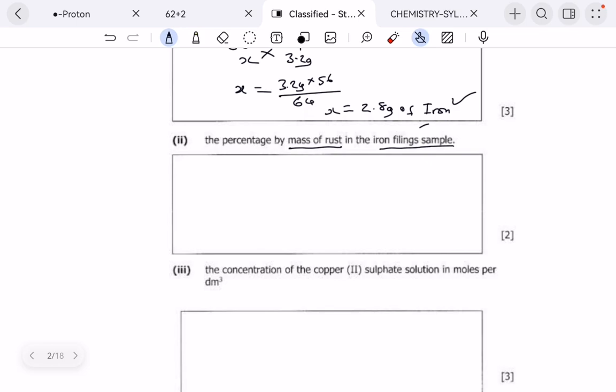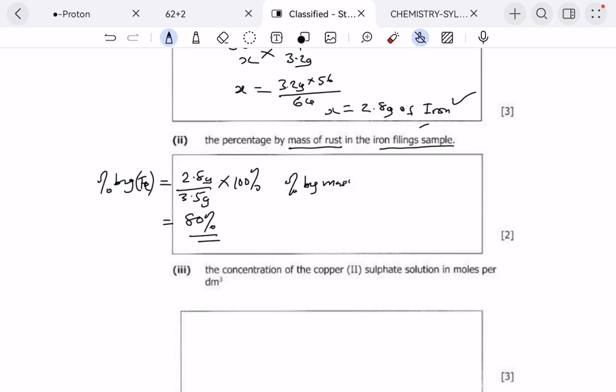The first is to find the percentage by mass of iron, which is the mass of iron divided by the sample mass times 100%. When I do the math, this gives me 80%. So to find the percentage by mass of rust, I can just say 100% minus 80%, and this will give me 20%.